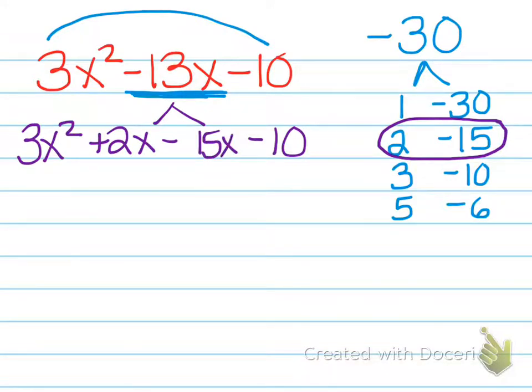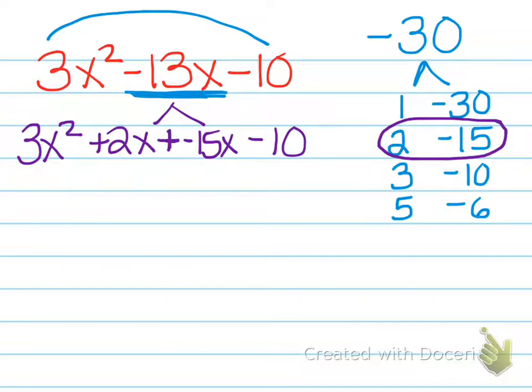Now, you have to remember this one thing. When I put my parentheses to group the first two terms and the second two terms, I have to have a positive sign in between the two parenthesis sets. So that means I have to make this minus plus a negative.